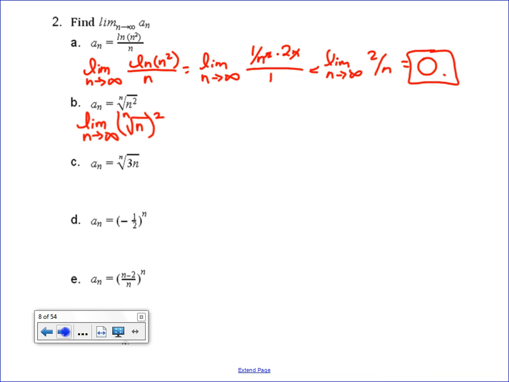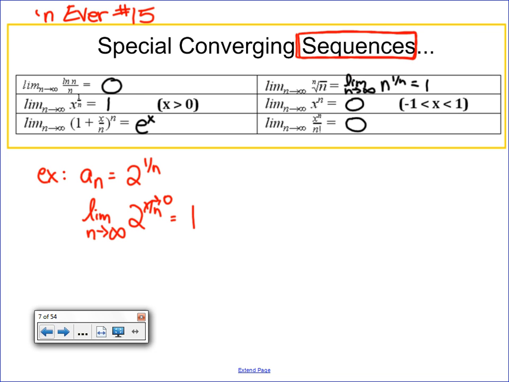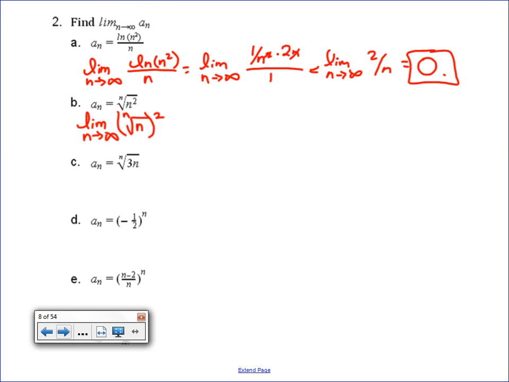Or you could say n through n times n through n, and what is each of the nth roots of n going to? n to the 1 over n is going to the 0 power, which is 1. So 1 squared is 1. I can say this is going to 1. Right?